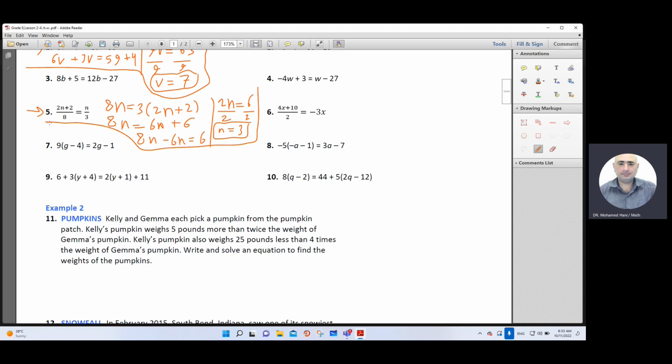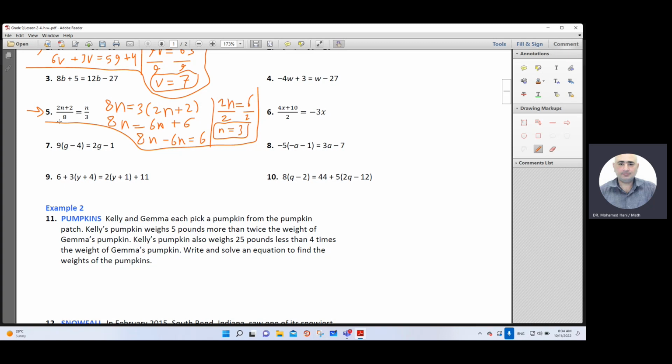Sultan, number 6, please. You can do the same idea if you want. Or you can multiply the two sides by 2. Give him any paper, any tissue. Tissue.